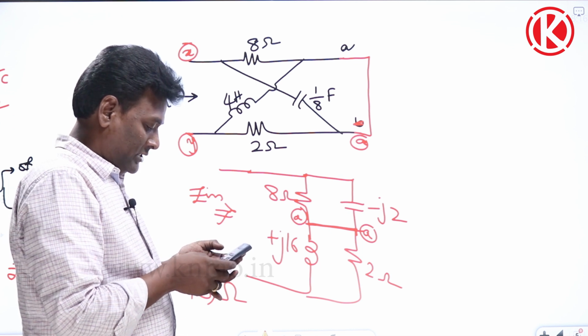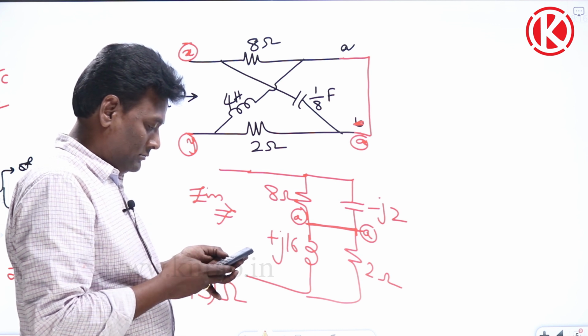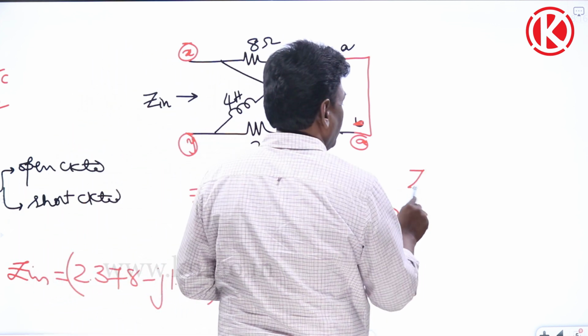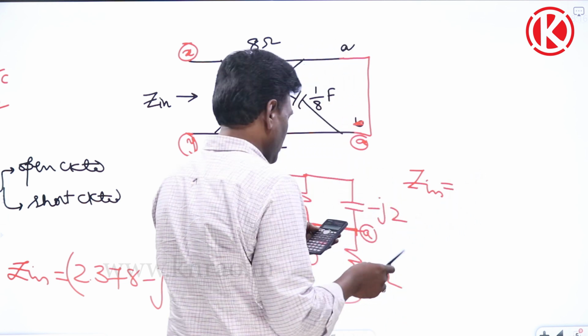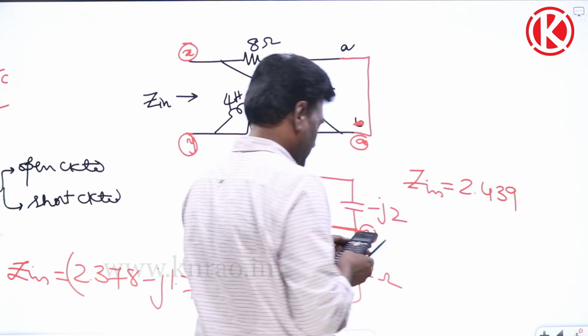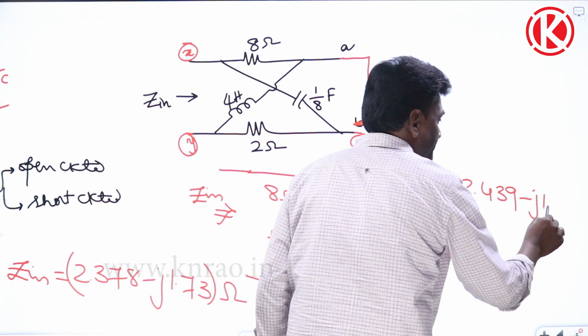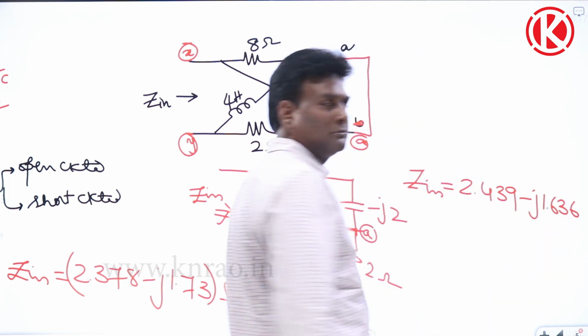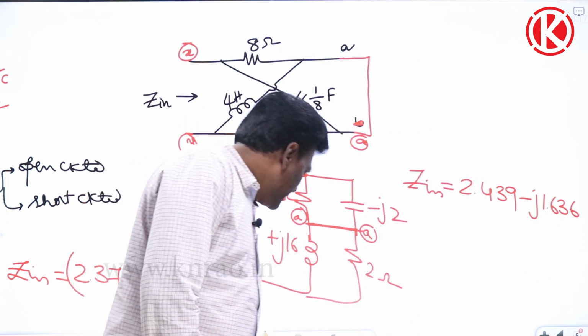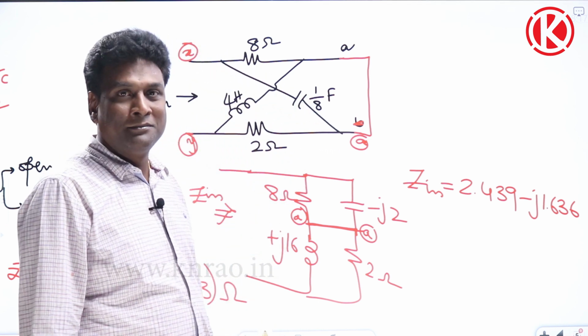So net is going to be Zn equal to 2.439 minus j 1.636. That's it. Okay, but here though it is simple, directly questions cannot come in GATE.